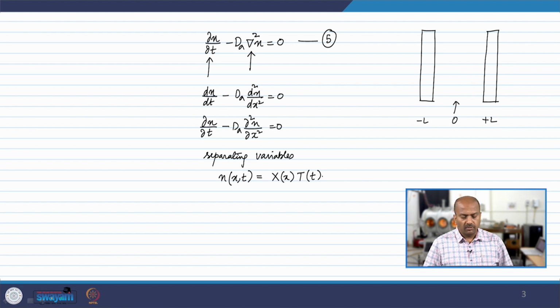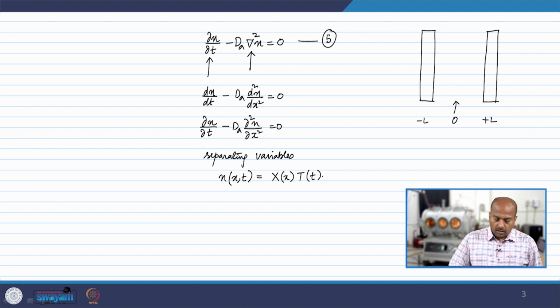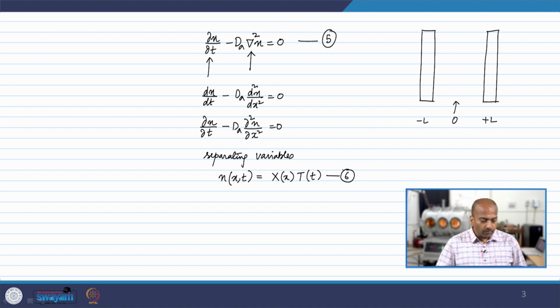So, this method is familiar to us, right. So, n(x,t) can be written as X, a function of small x, times T, a function of small t. Let us call this equation number 6.